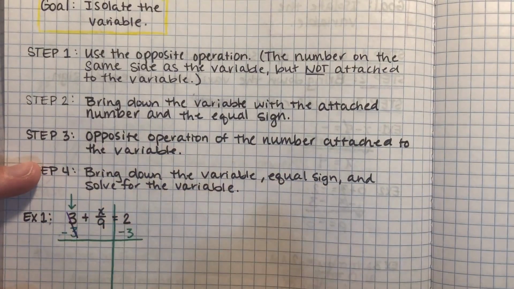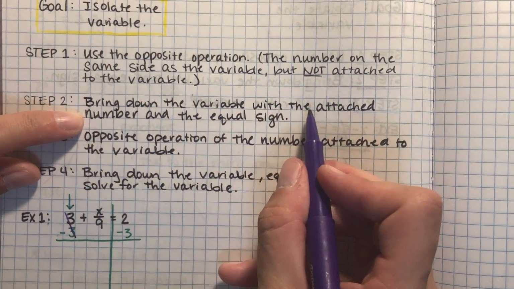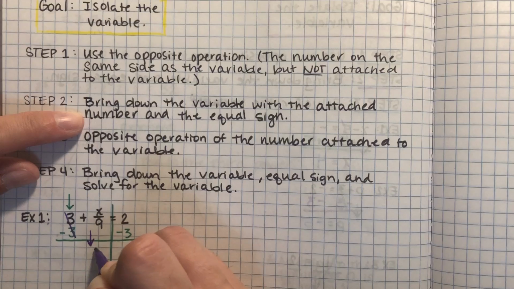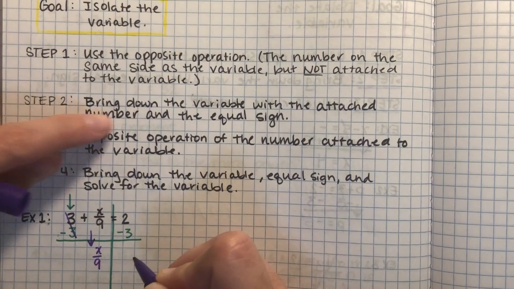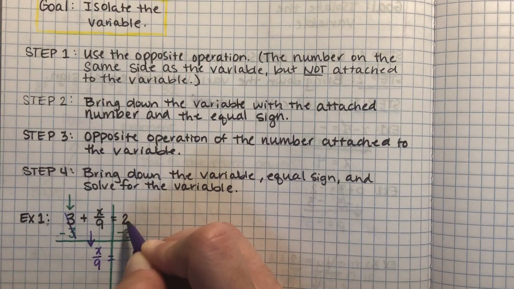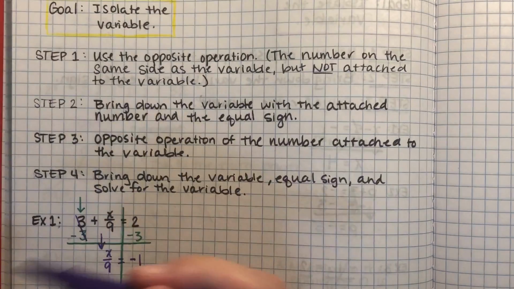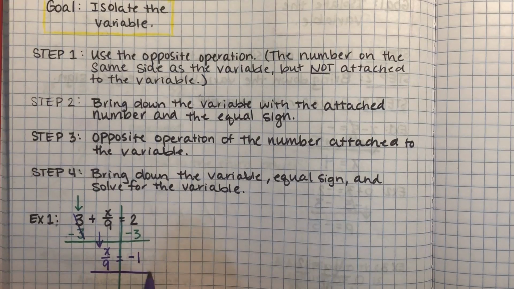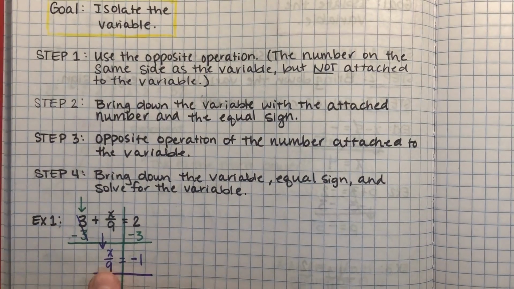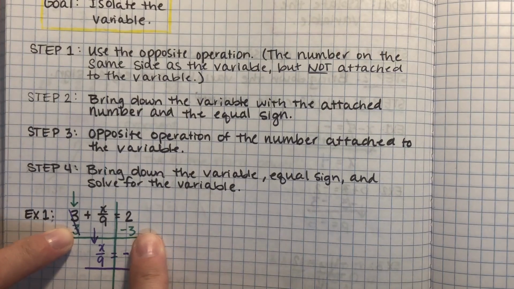These 3's cancel out. Now, step 2 tells us to bring down the variable with the attached number, so x over 9, and our equal sign. Here in between, we're going to solve for these. So 2 minus 3 gives us negative 1. Okay, so now this should look like a one-step equation. All we've done is gotten rid of one part of it.